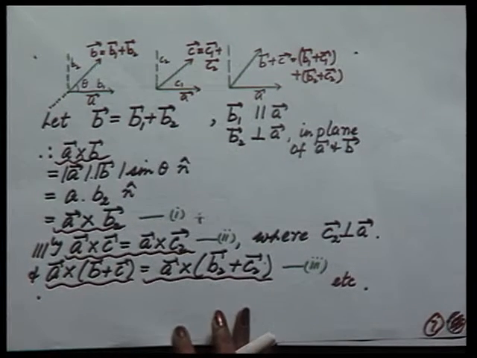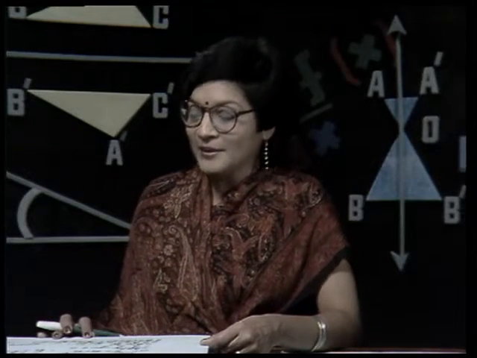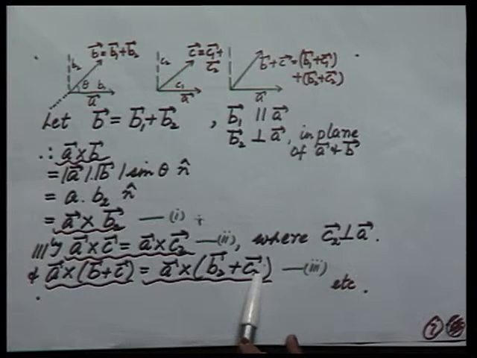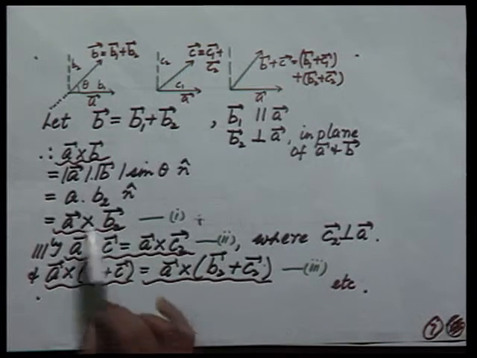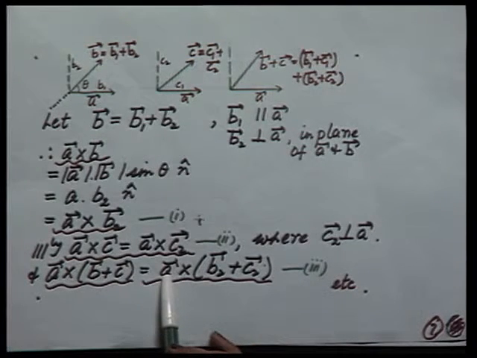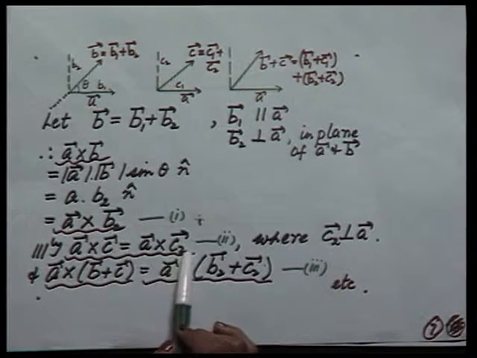Now, what have we achieved? Well, by the earlier case, A cross (B2 plus C2) will be equal to A cross B2 plus A cross C2, because A is perpendicular to B2 and C2.